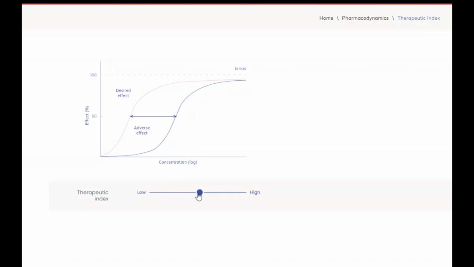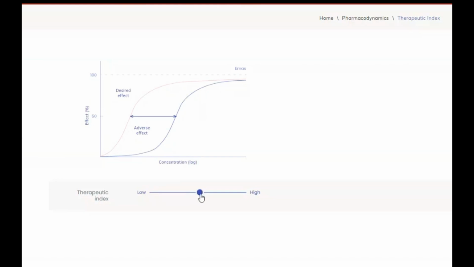We can see that the first curve is related to the effective plasma concentration that produces the desired effect, while the second curve represents the toxic effect, the plasma concentration of the drug that is administered to the population under study.